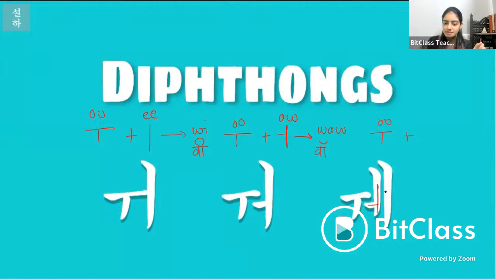Other one is, this is the standing vowel A, right? But U and A you read as quickly as possible. U A, U A, way. This one also sounds like way.